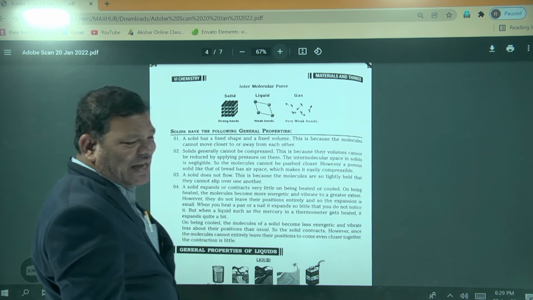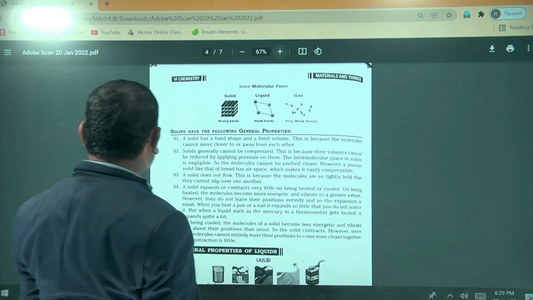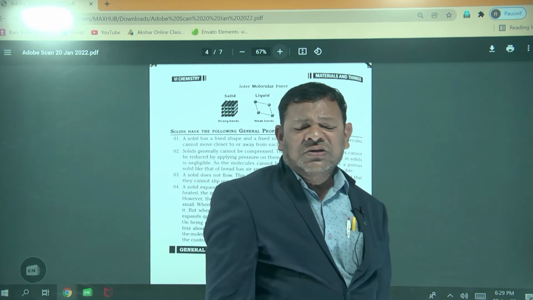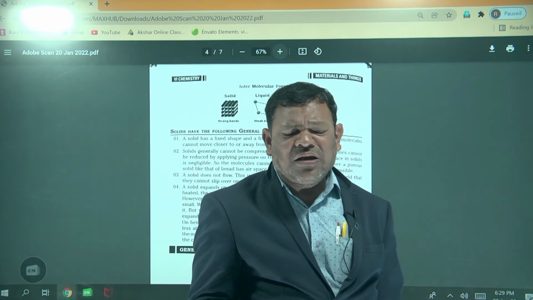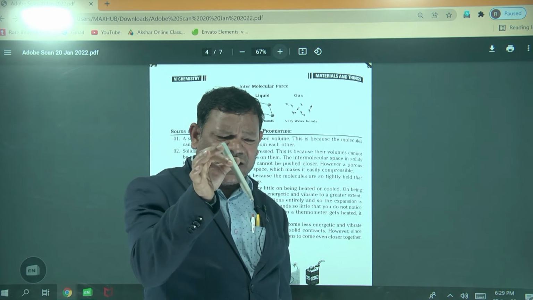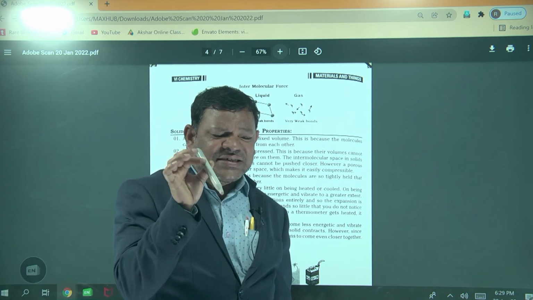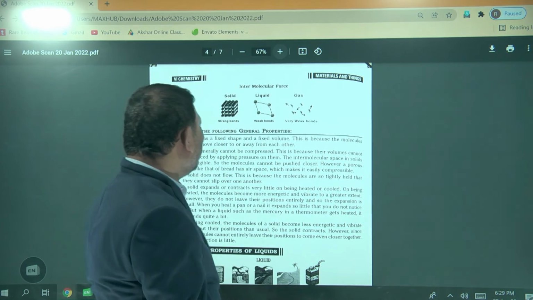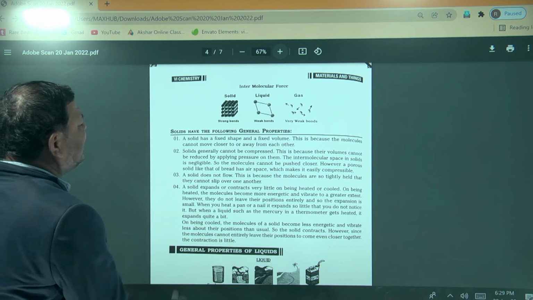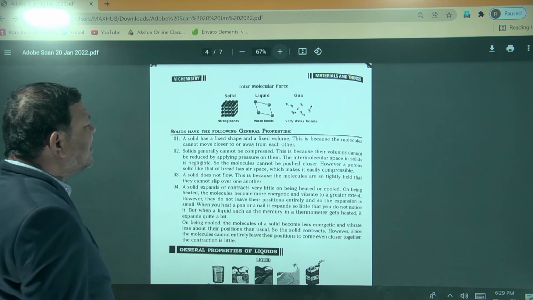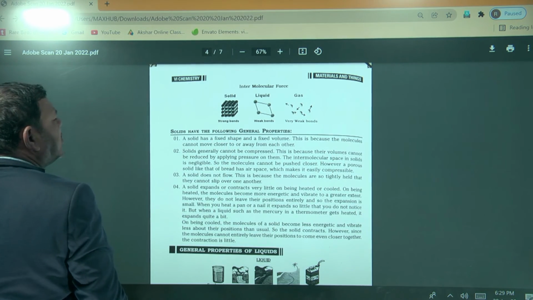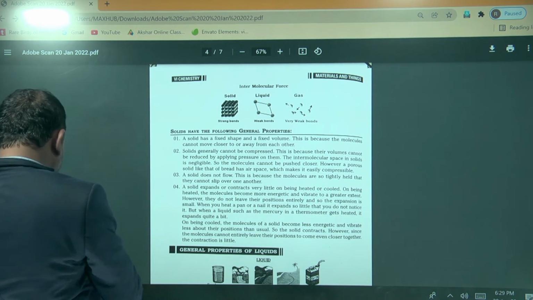If you look at any solid, it has a fixed shape, as we already discussed. For example, this pen has a fixed shape and fixed volume. Solids have a fixed shape and fixed volume because molecules cannot move closer to or away from each other.